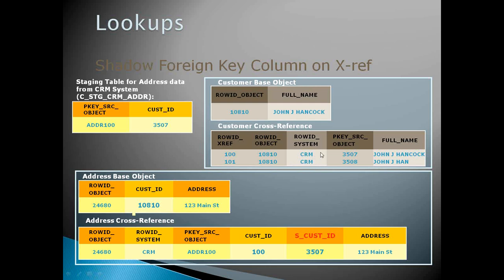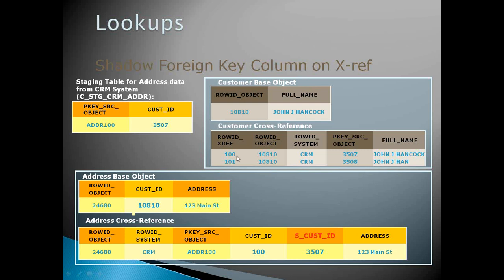Now I have both the records from the CRM system itself. So probably I have loaded two duplicate records from the CRM system and I merged both of them. That is why for the same row ID object 10810, I have two records in the cross-reference table. So this is my current situation. In my base object I have one record and in my cross-reference I have two records.